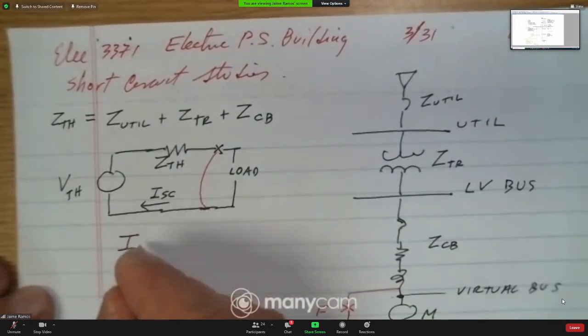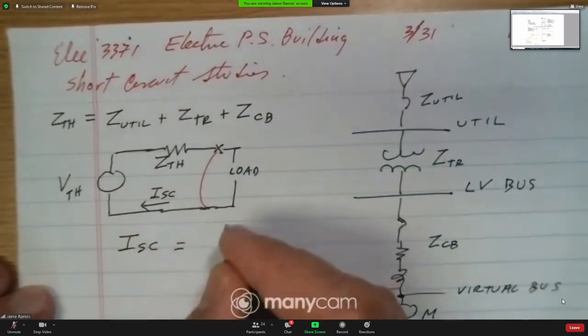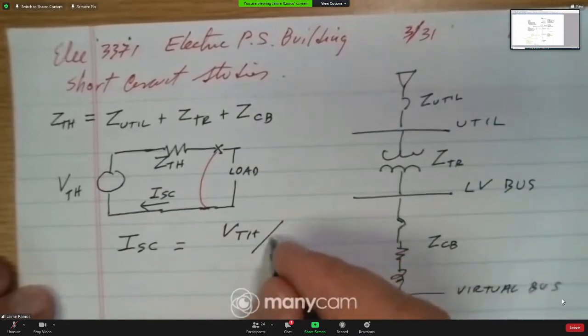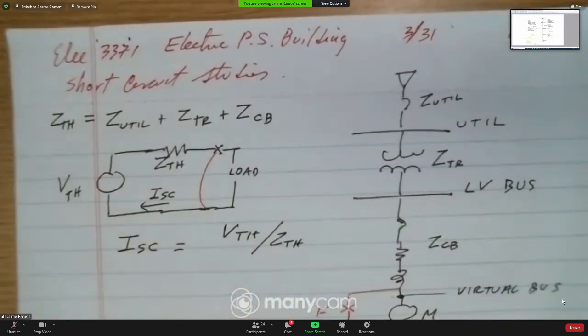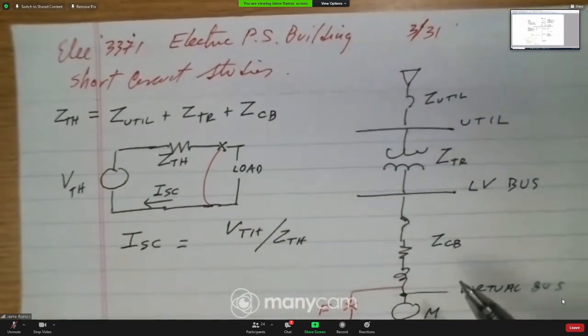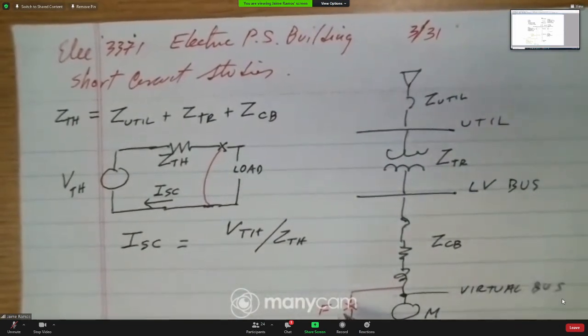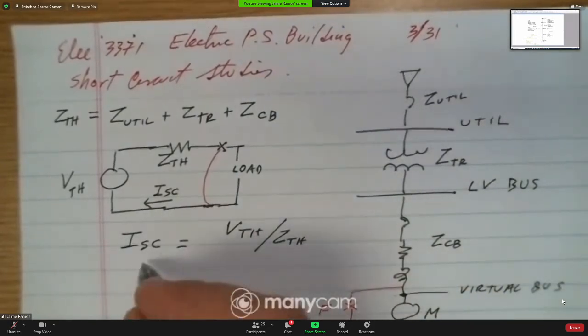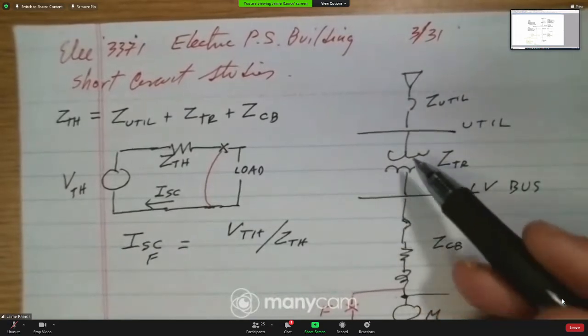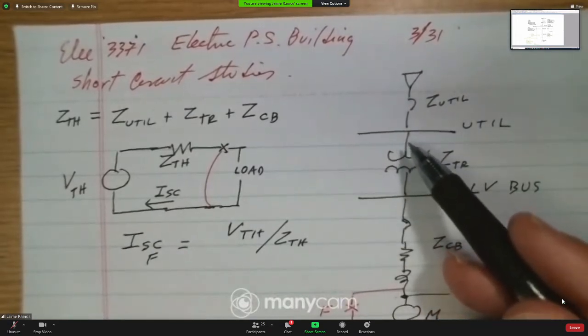Okay, so then we can do that as this. Therefore, as we can see, there are going to be different fault currents depending on the bus which is faulted.